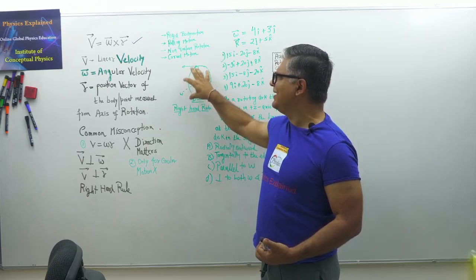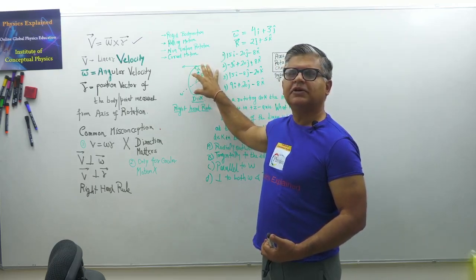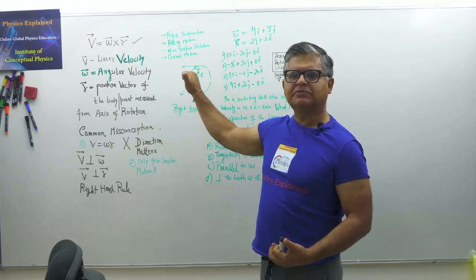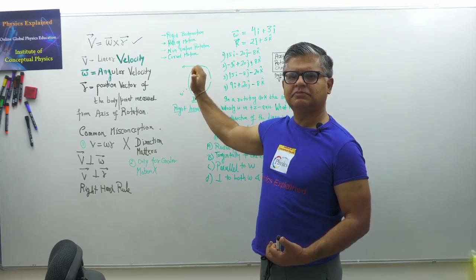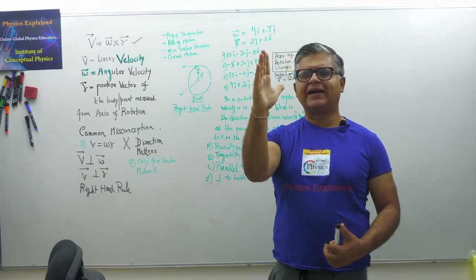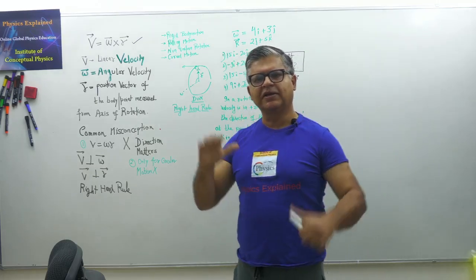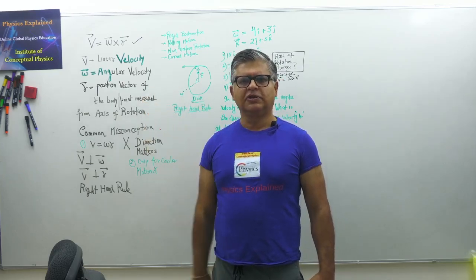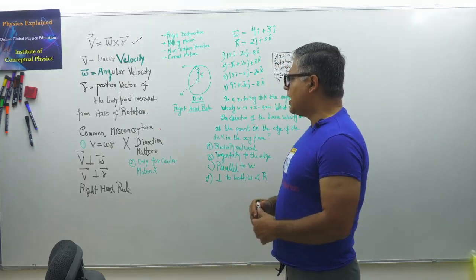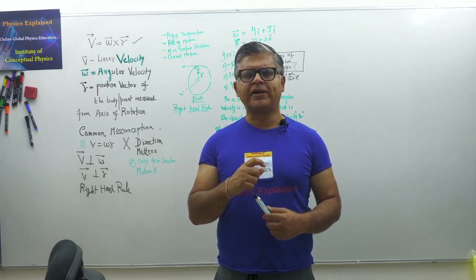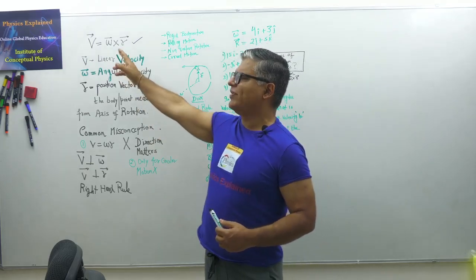So this is your plane of rotation. ω is perpendicular to it like this. And remember, you have to use right hand. Please don't use left hand. The direction of vector product comes from right hand rules. Now, I'm sure I'm able to emphasize this point that we are dealing with vector product.